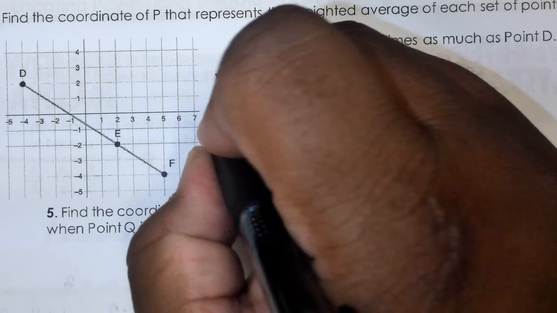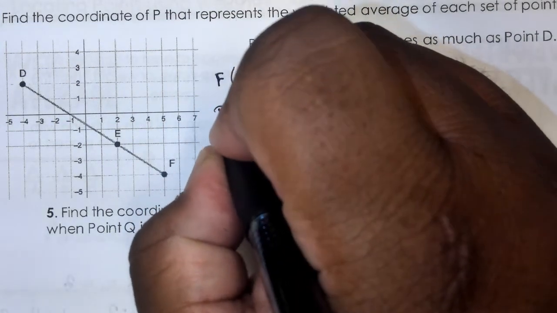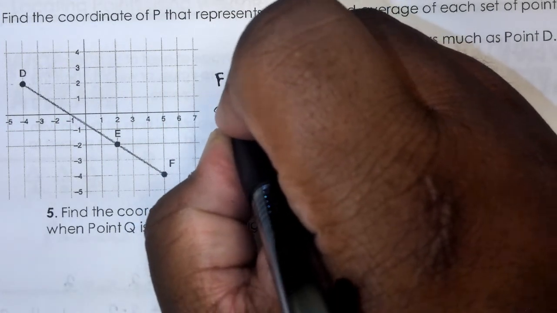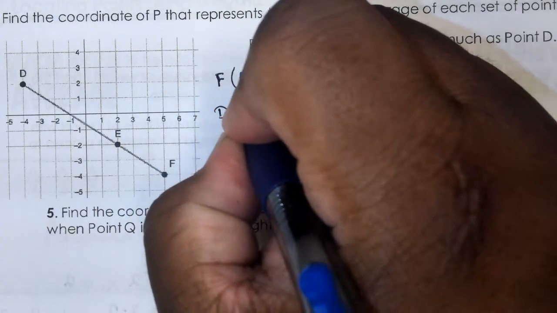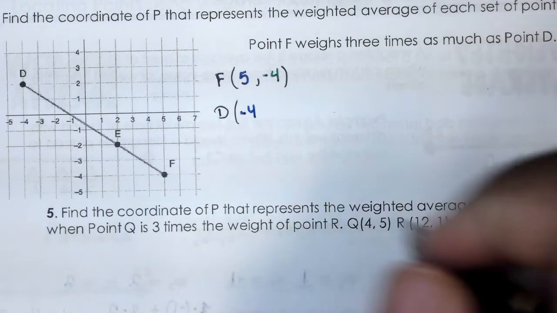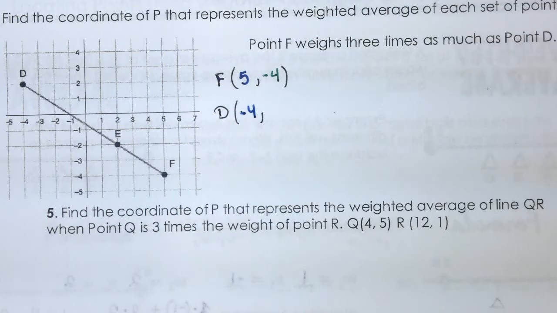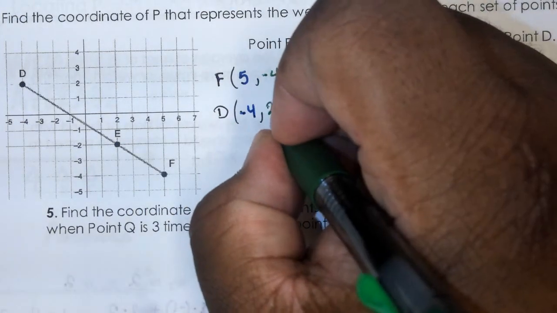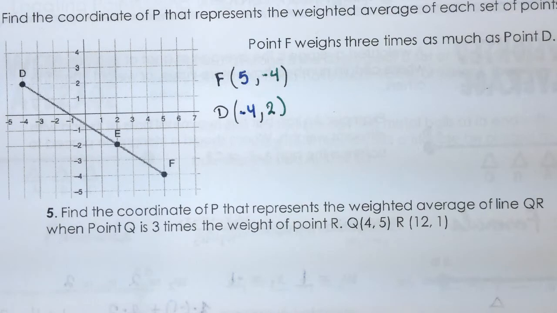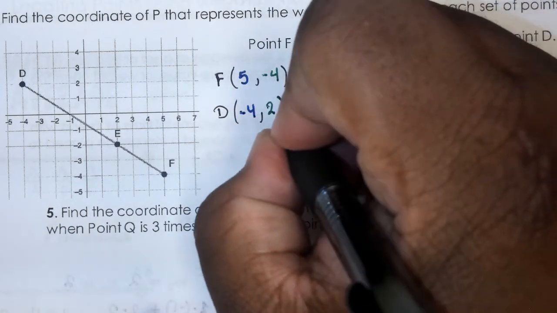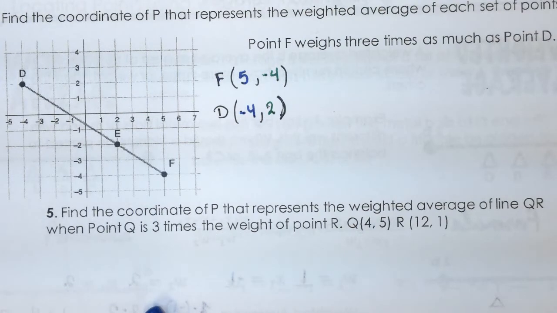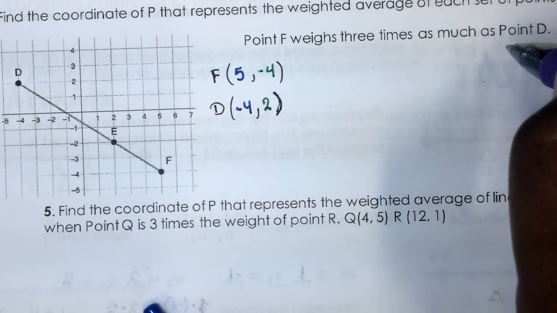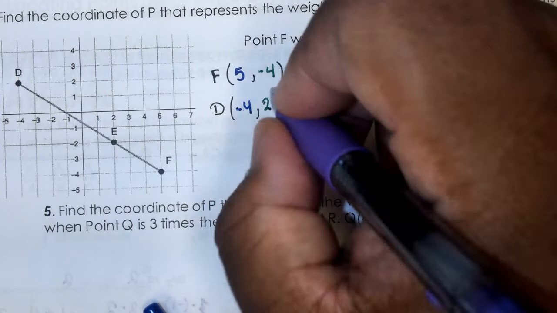And then D is still in the same spot it was before, which was -4, 2. So this one says F weighs 3 times as much as point D.